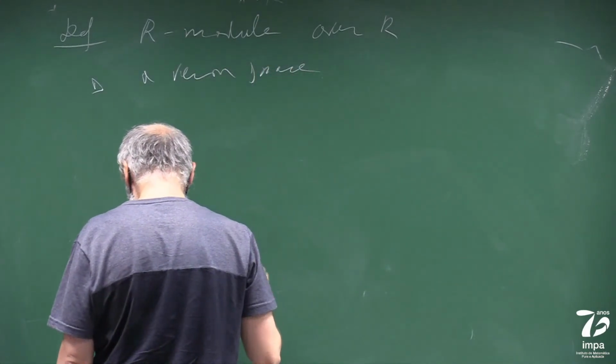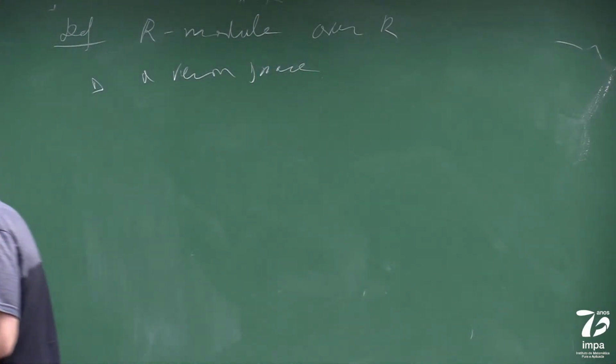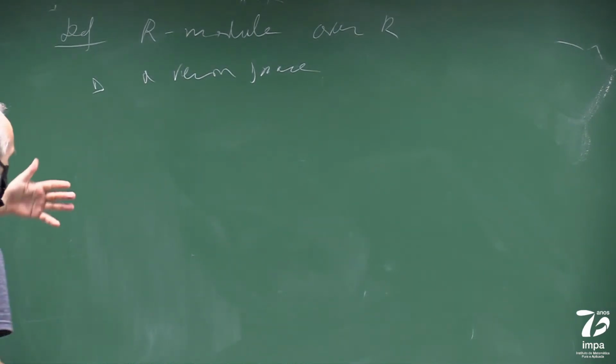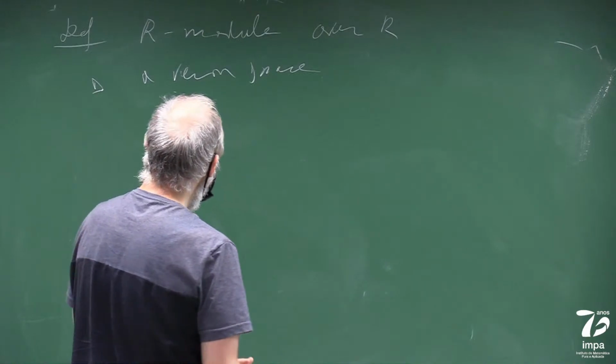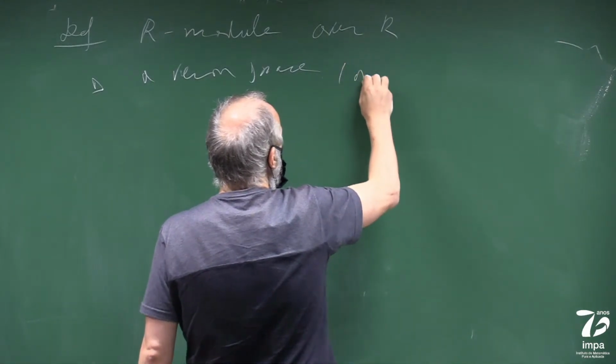Well, when I speak of vector space, I mean that we always consider rings over a field. Otherwise, it would have been a group if it's a Z-module, for instance, or abelian group.